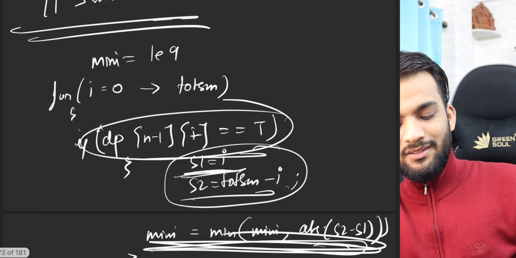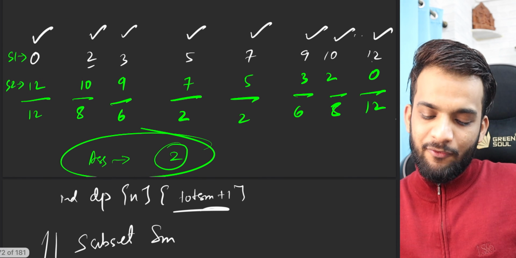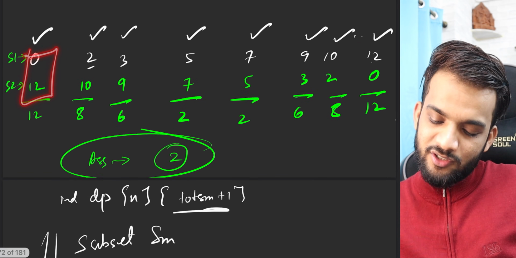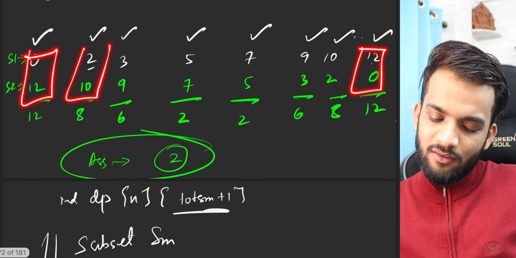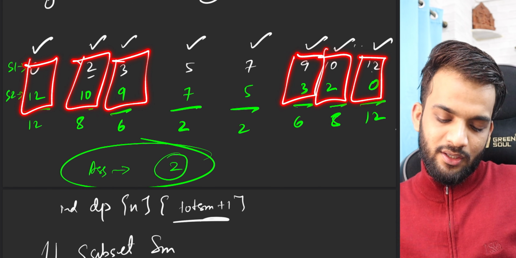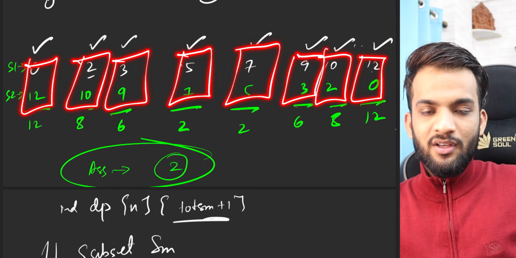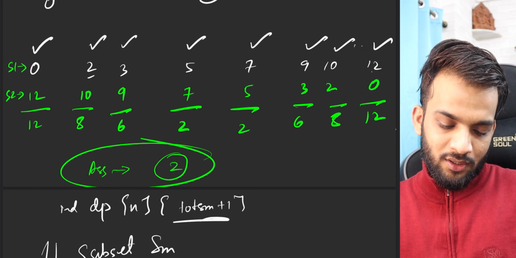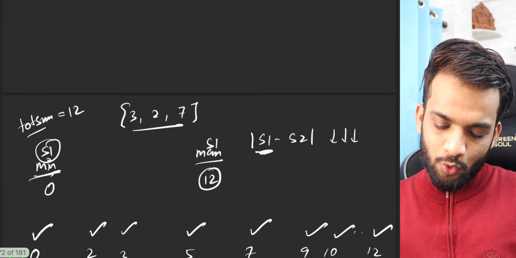Now, can we optimize this? Yes. If you carefully observe, 0, 12, 12, 0, 2, 10, 10, 2, 3, 9, 9, 3, 5, 7, 5, 7. So basically what happens is the subsets. So you had 3, 2, 7, right?